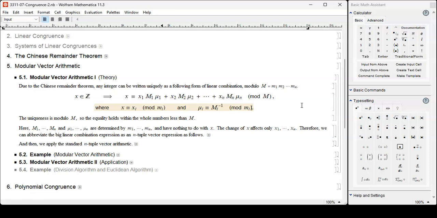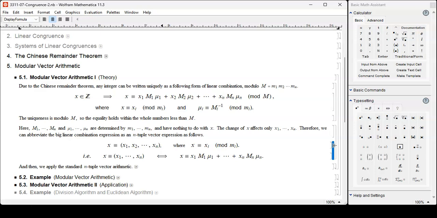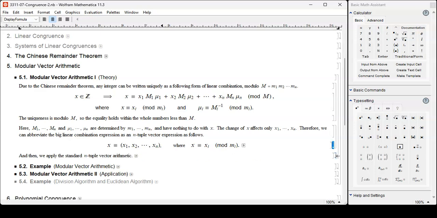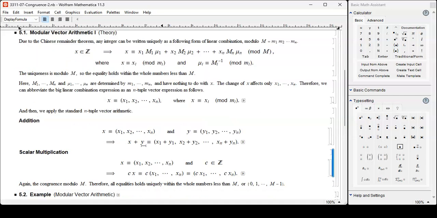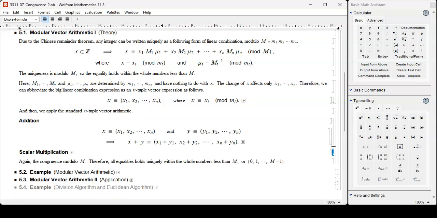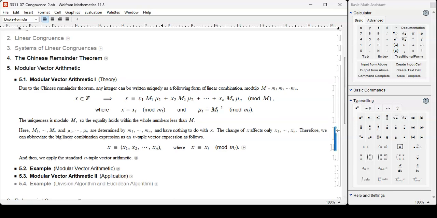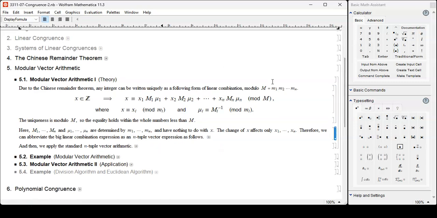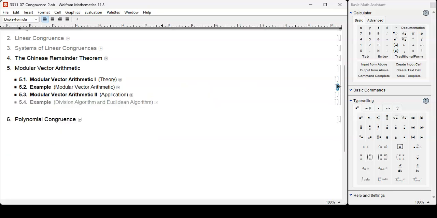Through this, we can define modular vectors like this, an n-tuple expression, which is a shorthand of this linear combination expression. And then we can do the vector arithmetic, addition and scalar multiplication, just adding up each component and multiplying the scalar to all components. And then you can use the Chinese remainder theorem to retrieve the original entry back.